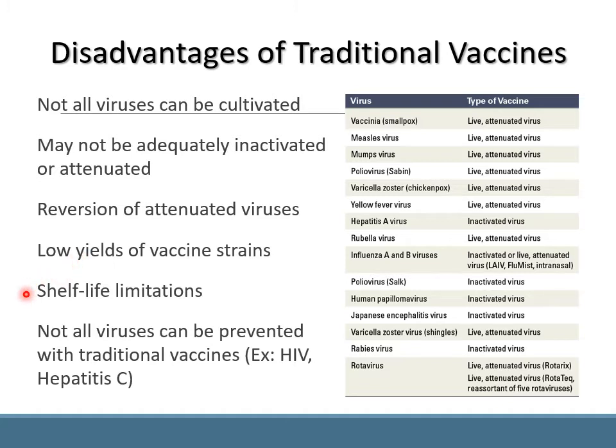Again, most of these need to be kept at cold temperatures. And frankly, not all viral diseases can be prevented. The examples, HIV, hepatitis C, these can't be prevented using these methods. So now you can see what the traditional vaccines look like. Now we'll start looking at new developments, new approaches to designing vaccines.